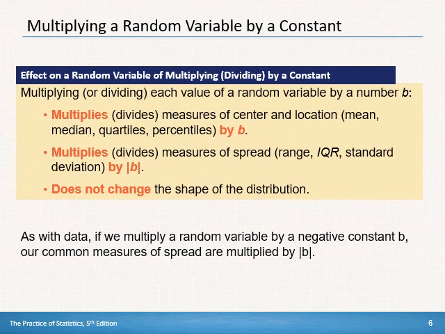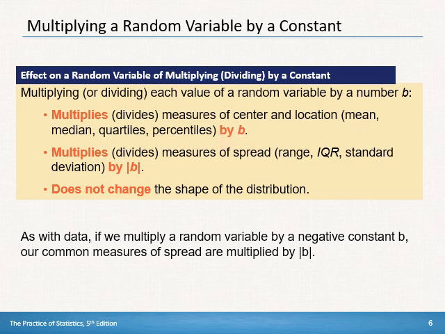All right, so verifying some rules here. When we multiply by a value b, we multiply the measures of center, in other words the mean, also by b.